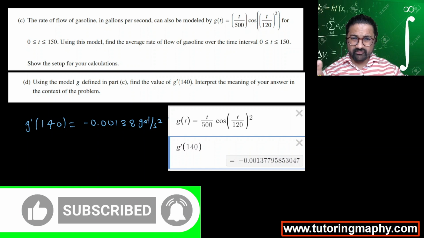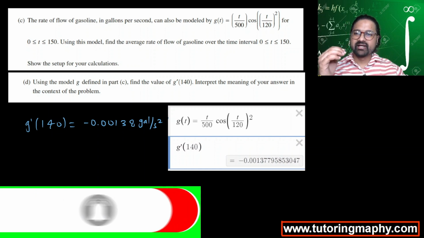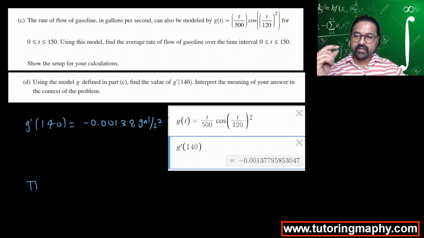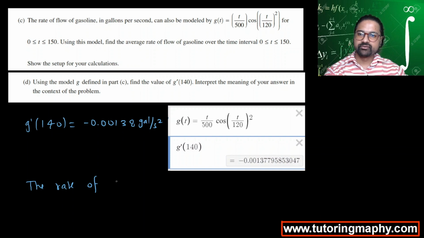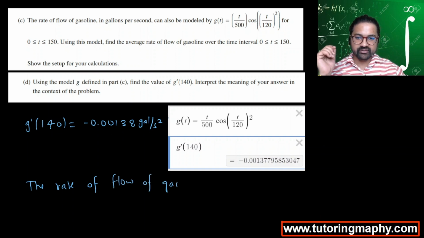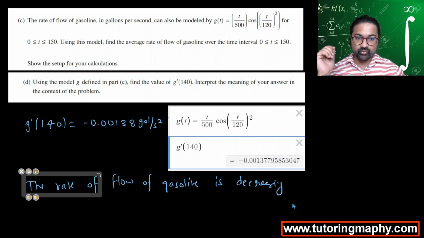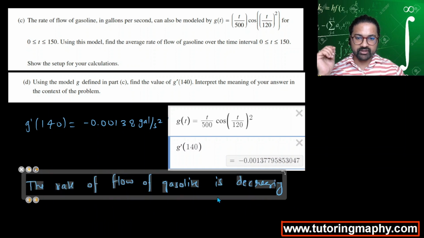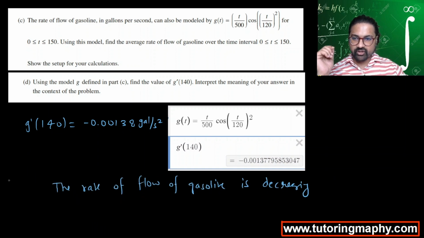And how will we interpret this? We'll interpret by saying that the rate of flow of gasoline is decreasing. In fact, I should start my explanation with: at t equal to 140 seconds, because that's where we are solving, right?